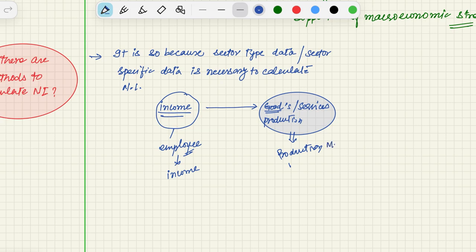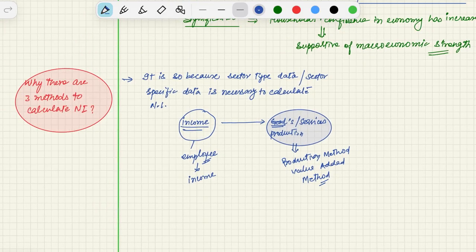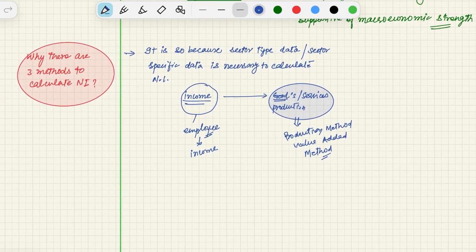That means sectoral specificity creates the condition to calculate national income through the three methods.